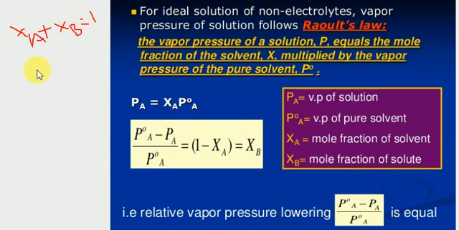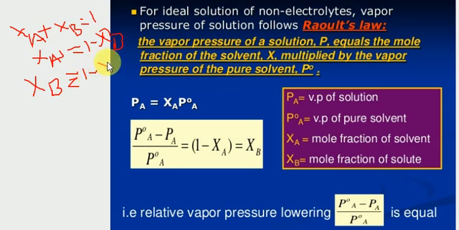XA is equal to 1 minus XB, or XB is equal to 1 minus XA.